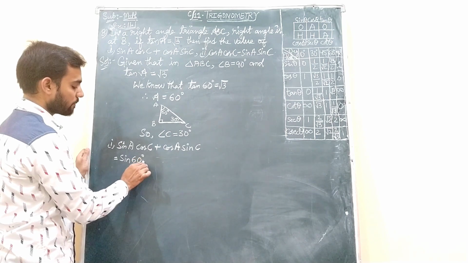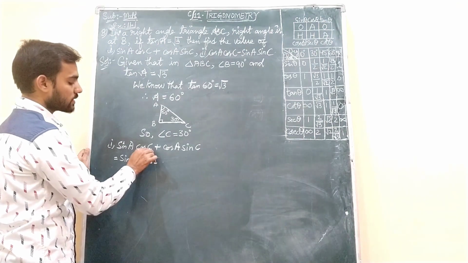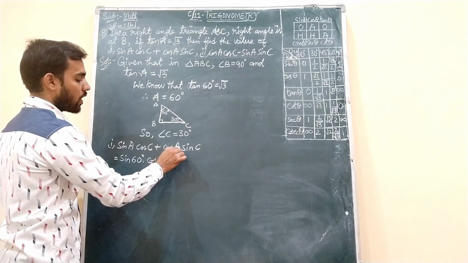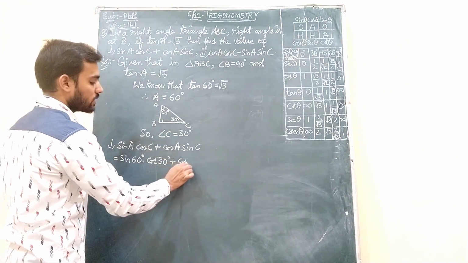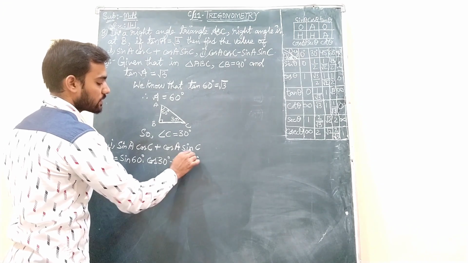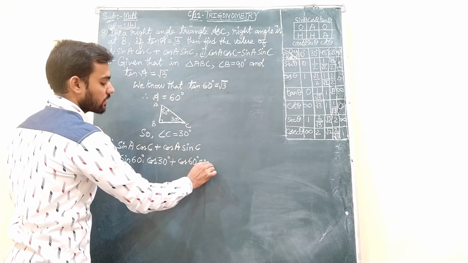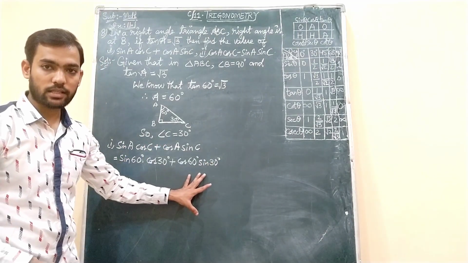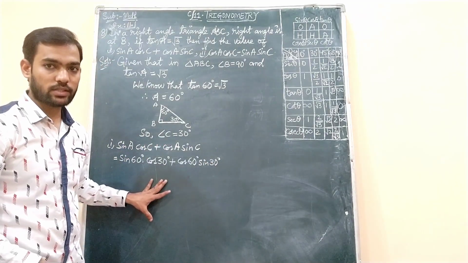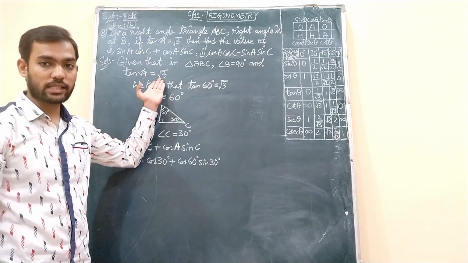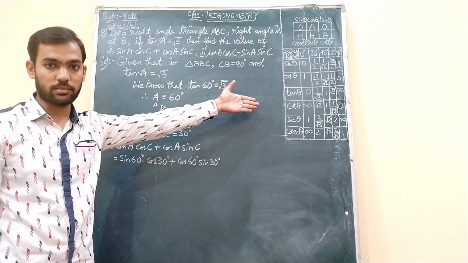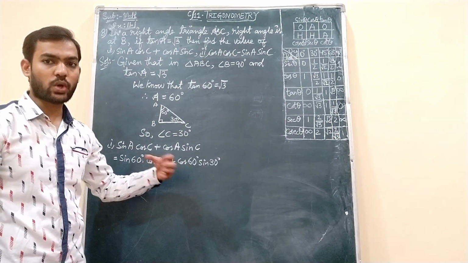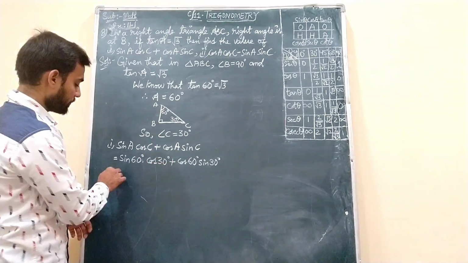Sin 60 degree cos C, C we got as 30 degree, plus cos A, which means cos 60 degree, sin C means sin 30 degree. We have substituted all the angles. It is very easy to go in this way whenever the value, whatever he has given in the ratio, if it lies under this table. You will not get any sort of fractions, anything in that.